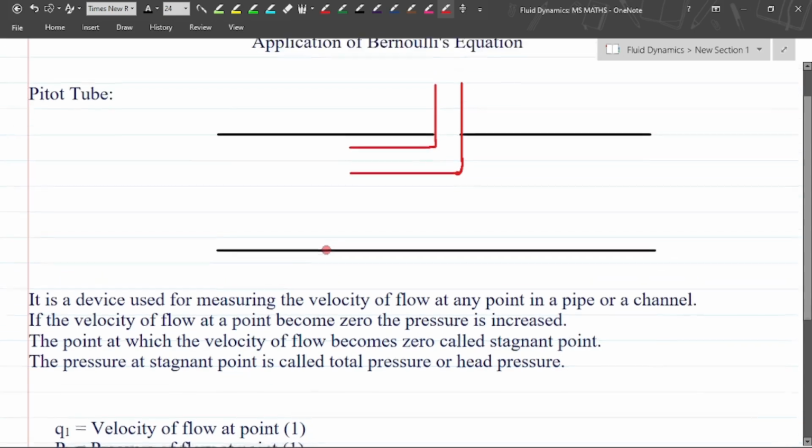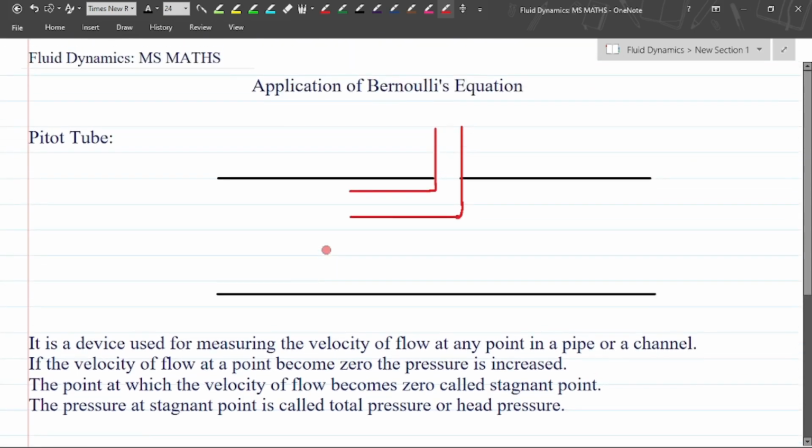In this video we'll find the velocity of the fluid. How will we find the velocity of the fluid? If the fluid is passing in this way and the flow direction is this way, then we'll put the tube on the opposite side. This is point 1 and this is point 2. This is inside and this is at 90 degrees.